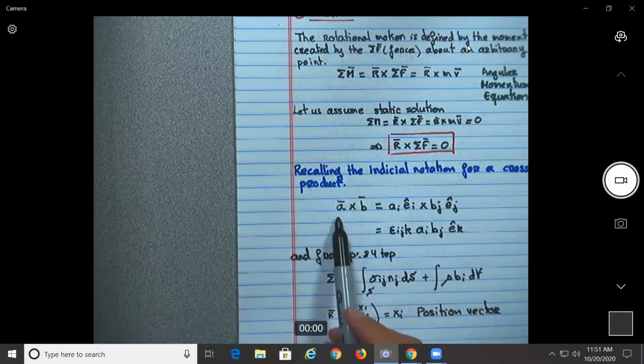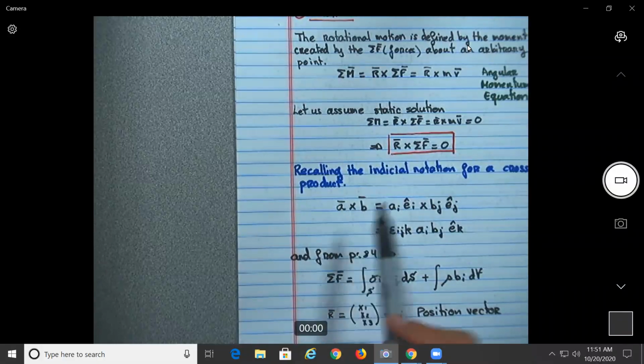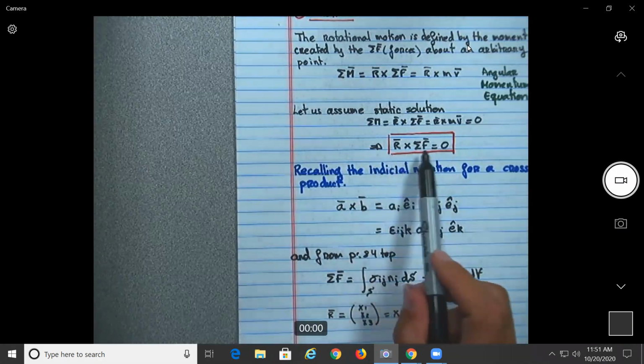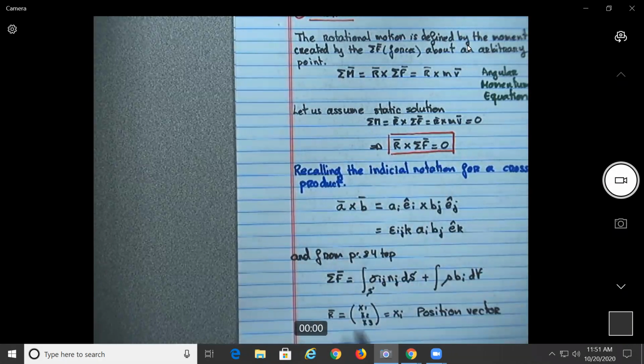Okay, so we know this is the expression for A cross B. What I'm trying to do now is R cross summation of forces. So R will be x of I, and this will be the summation of forces, or this term over here.